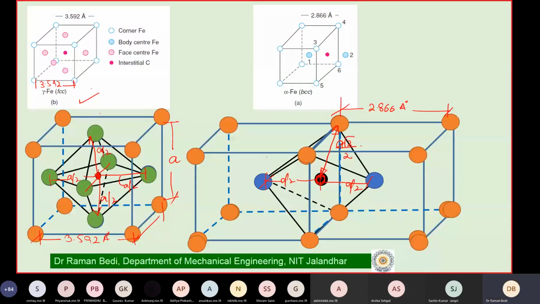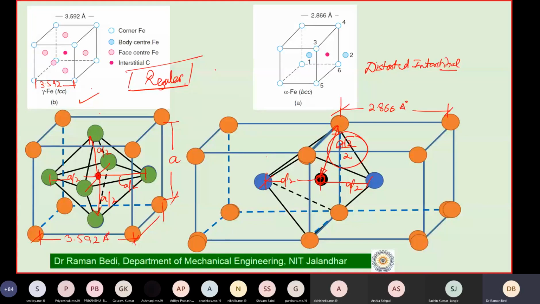So this becomes what we call a distorted interstitial, whereas this one happens to be a regular interstitial. So this is another reason why we find that the solubility is less.